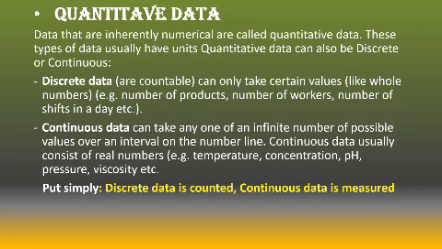Often, when we study a population, we are interested in knowing about the different characteristics of each member of the population. These characteristics are known as variables. A variable is a characteristic of each member of the population.